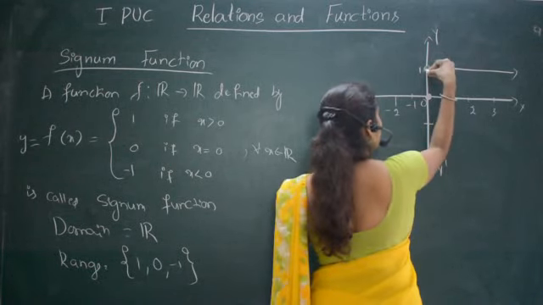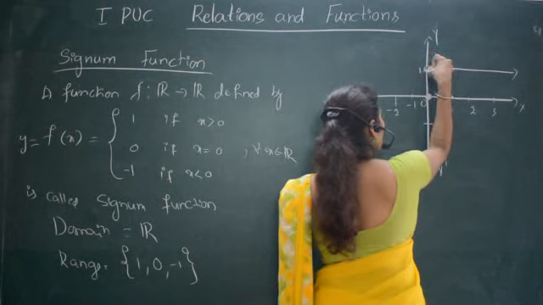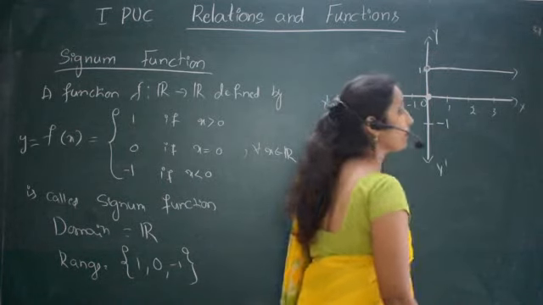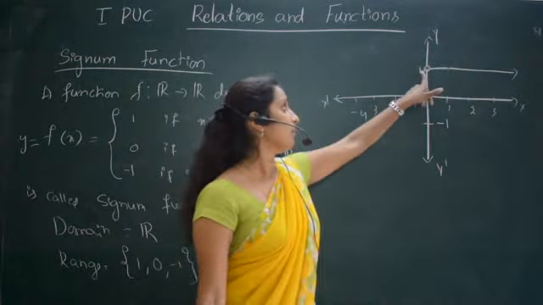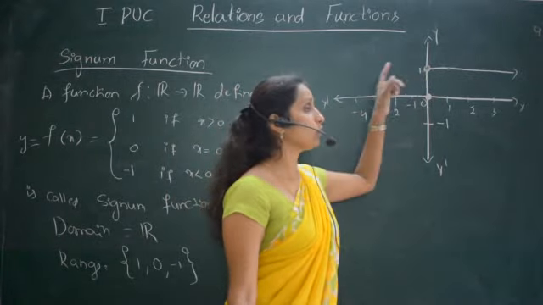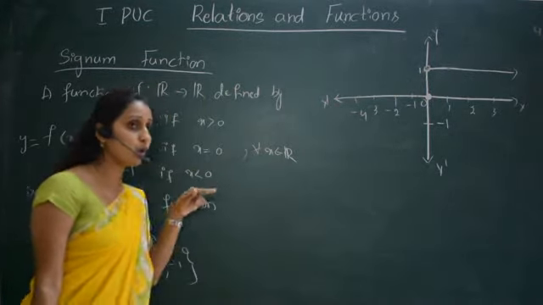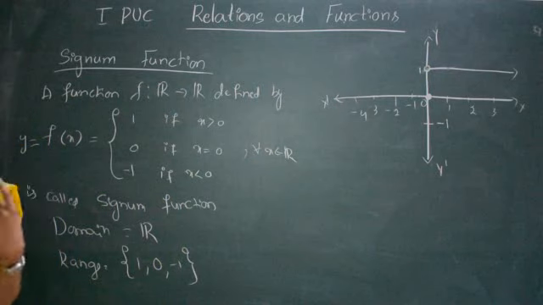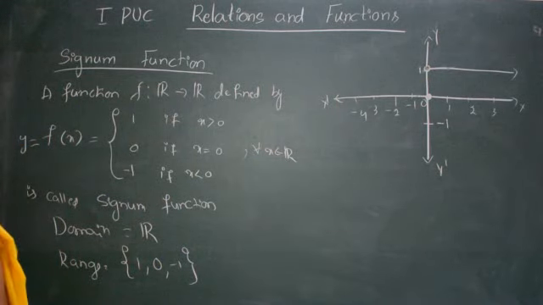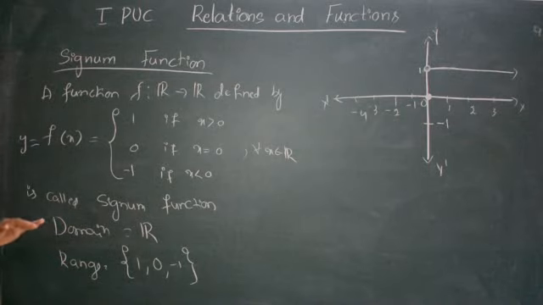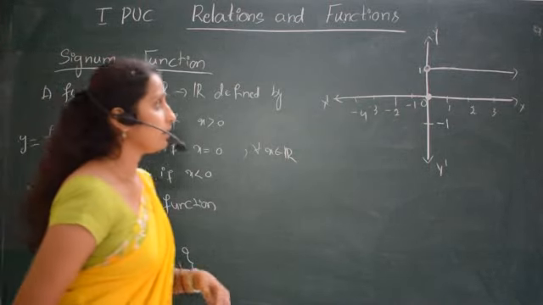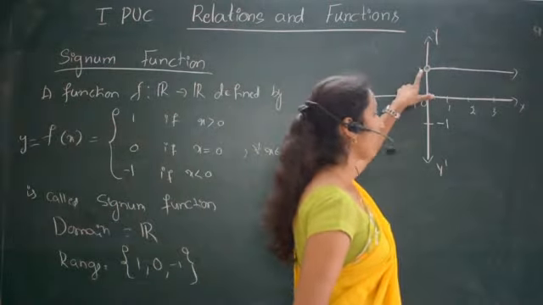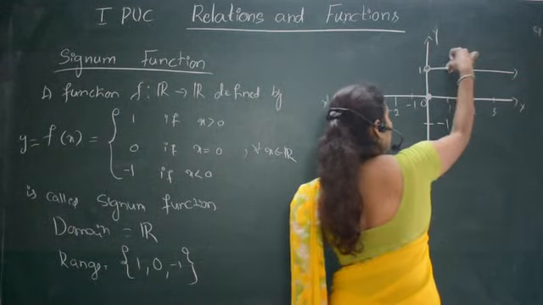While explaining subsets of real numbers, open interval and closed interval, I marked a closed, darkened circle and an open circle. That is the meaning: it indicates that the point does not belong.